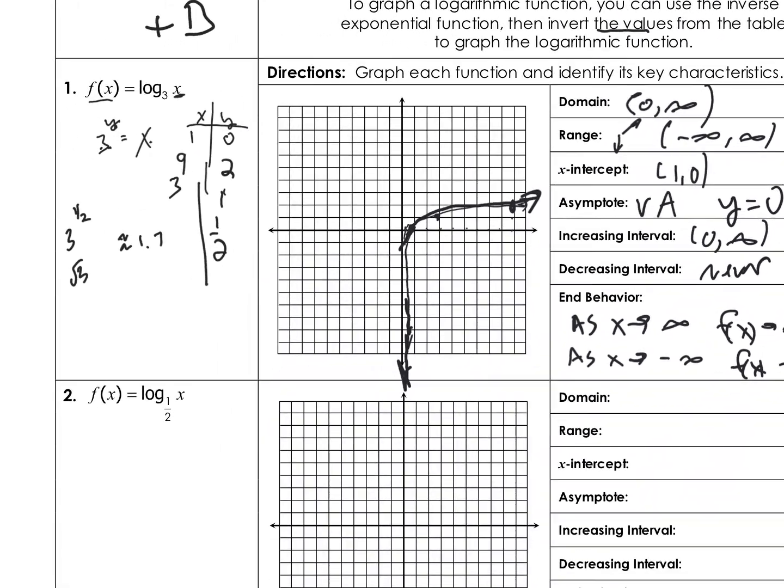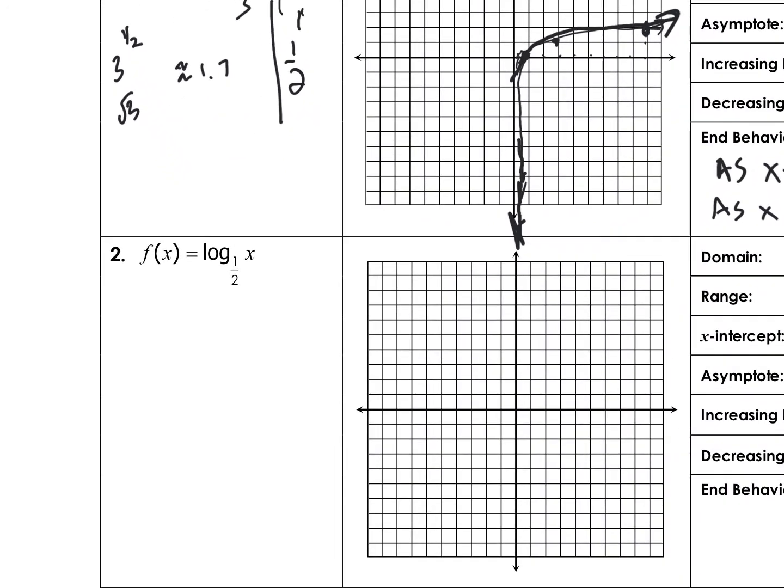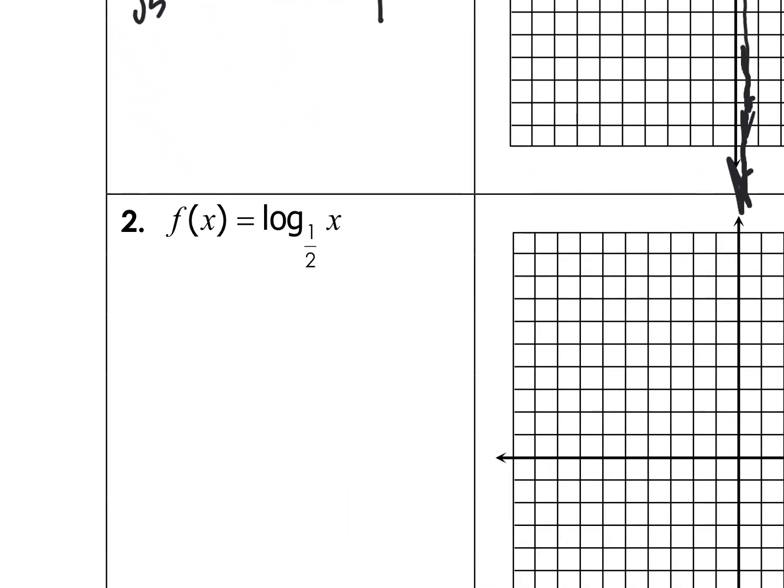Okay, there's one that I'd want you to be able to do by hand without a calculator. But feel free to try it with a calculator and see if you can make your answers fit. Now this one, because the base is a half, I hope you remember that this meant in exponential form that the base, a half, to the y equals x.